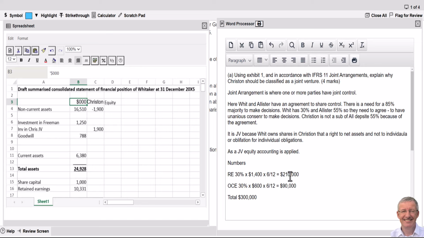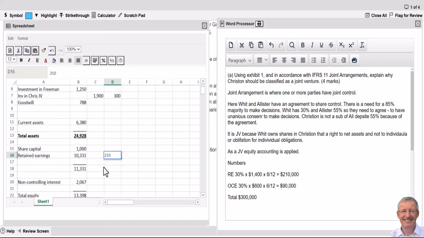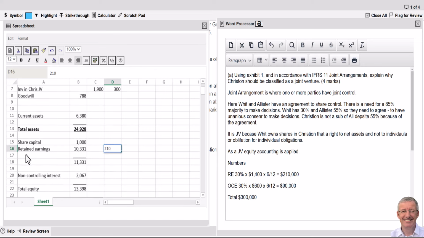So it's a total extra of 300. And that extra 300 is going to boost my retained earnings by 210 and is going to boost my other components of equity. I haven't got another components of equity, so I need to open up an other components of equity. I'm going to boost the other components of equity by 90. Time out.